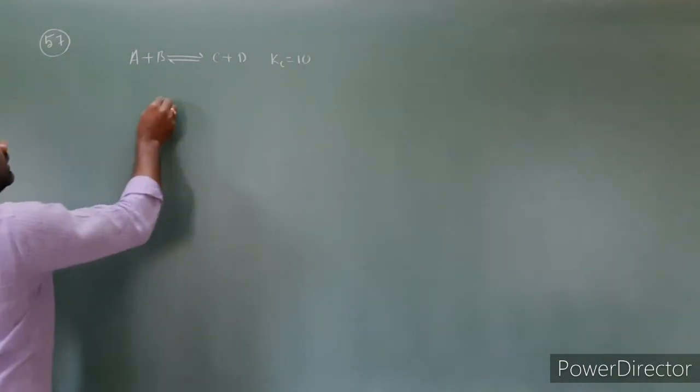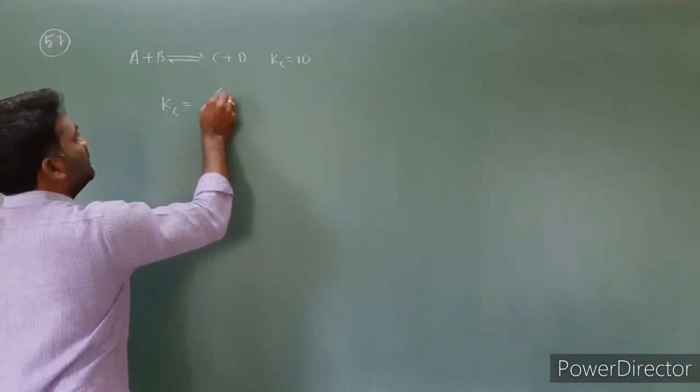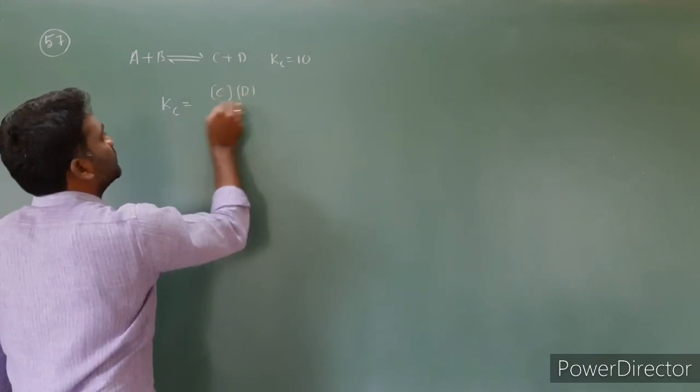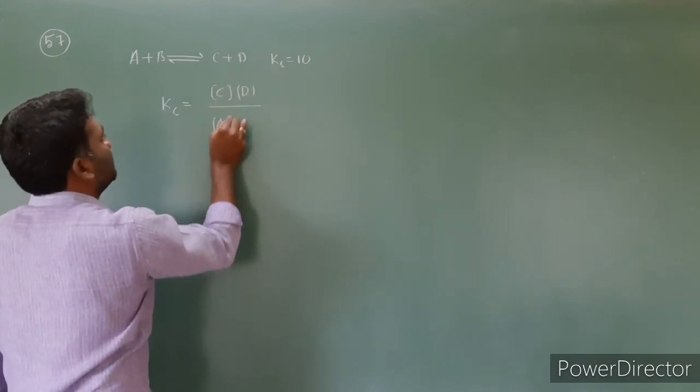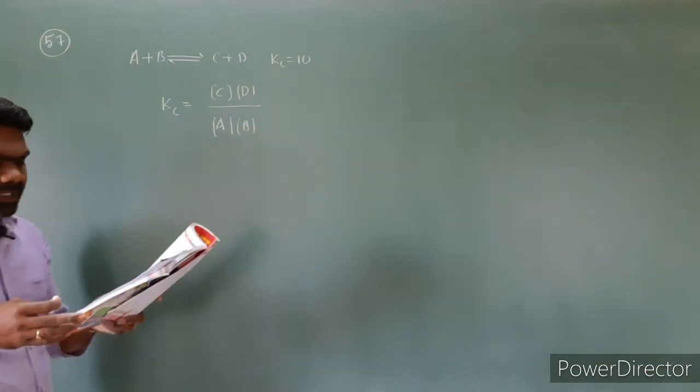First let us write the equilibrium expression for this equation. Kc is equal to the equilibrium constant: Kc equals concentration of C times concentration of D by concentration of A times concentration of B.